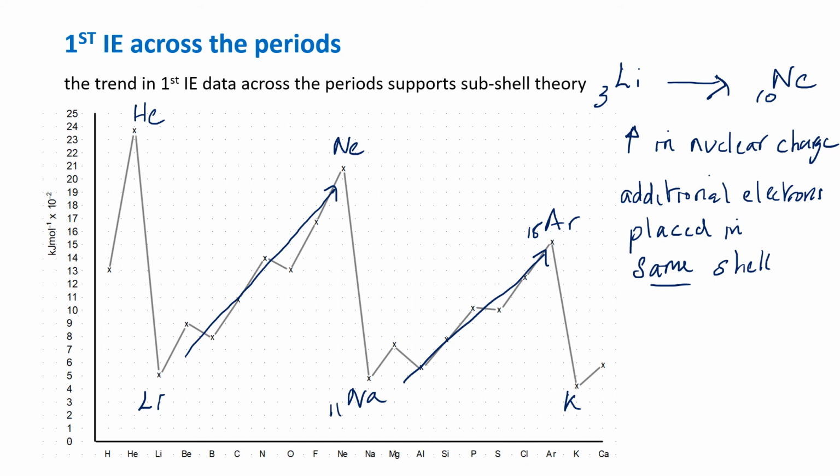The only thing that changes significantly is the nuclear charge as we go left to right. Now, with an increase in nuclear charge, we see an increase in nuclear attraction and an increase in ionization energy. So that is our explanation for this repeated trend going across each period.